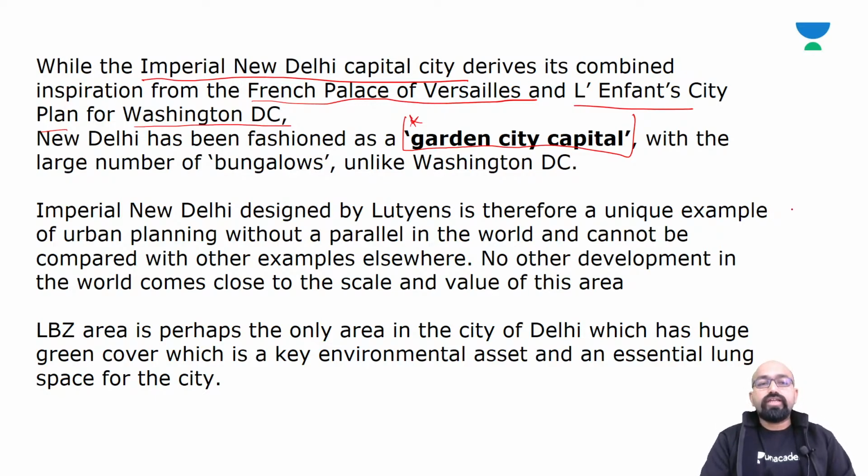Now, Imperial New Delhi designed by Lutyens is therefore a unique example of urban planning without a parallel in the world and cannot be compared with other examples elsewhere. No other development in the world comes close to the scale and value of this area. So remember guys, the Lutyens Bungalow Zone, that is Imperial New Delhi, designed by British architects, is a unique example of urban planning.